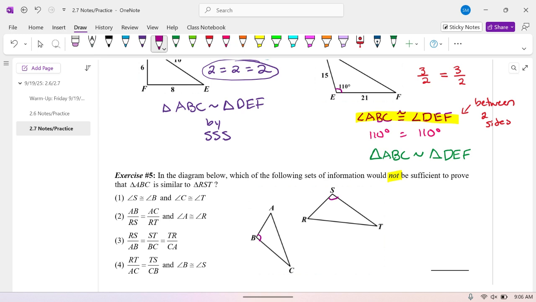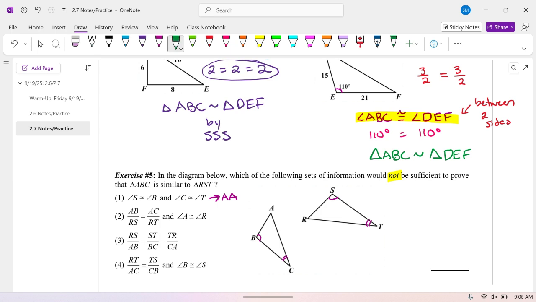And then angle C is congruent to angle T. And these two are congruent. Does that make similar triangles? Yes or no? So think about what our 3 criteria are. Yes. By angle, angle. So those are similar by angle, angle.